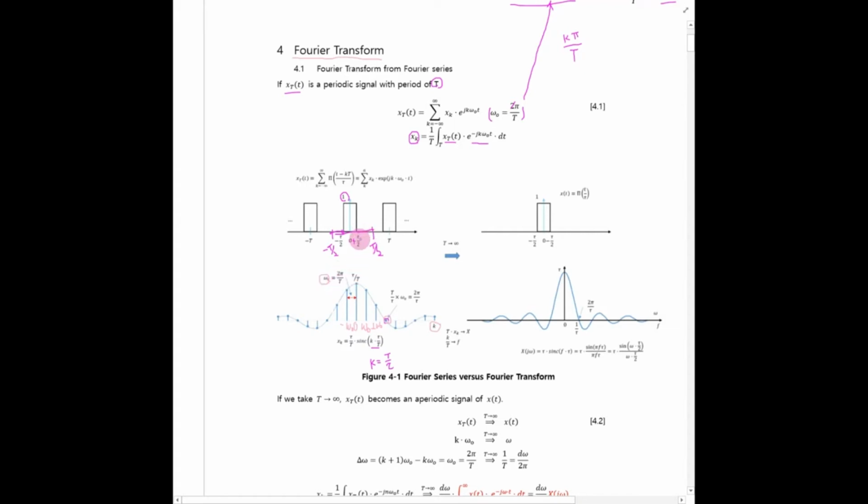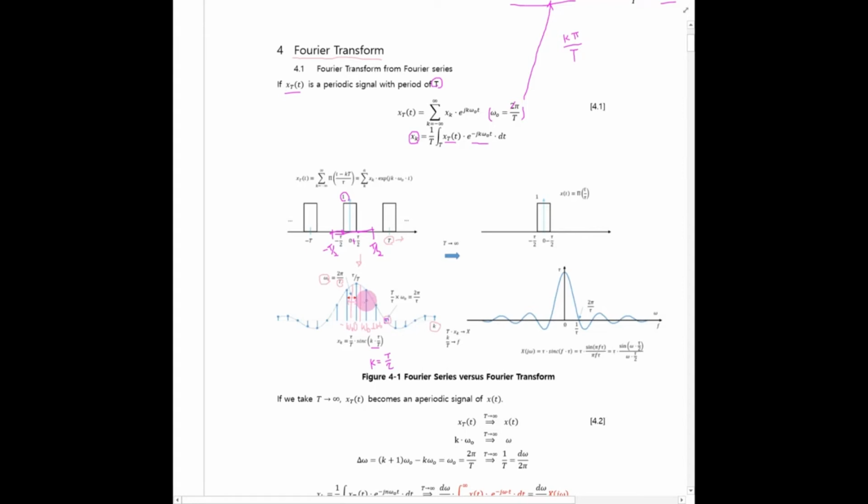So in the time domain, it has a rectangular pulse repeated every period. But if you take the Fourier series, it shows the harmonic components. Now think about what happens if T is increasing. As T increases, this spacing narrows down.